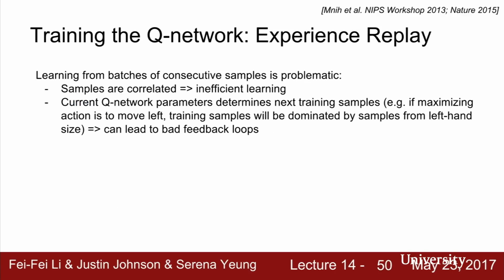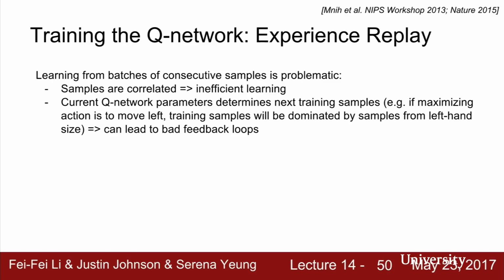So one other thing that's used here that I want to mention is something called experience replay. This addresses a problem with just using the plain Q network that I've just described, which is that learning from batches of consecutive samples is bad. The reason is that when playing the game, taking consecutive samples of state action rewards and training with these, all of these samples are correlated.